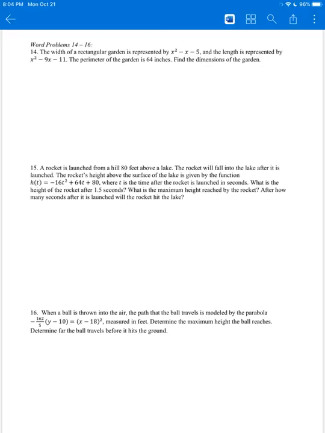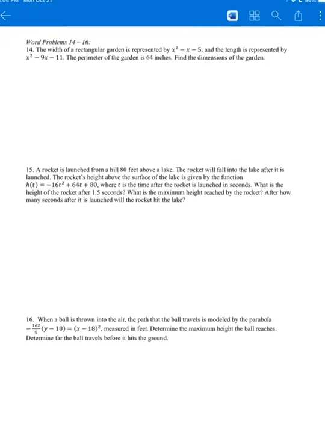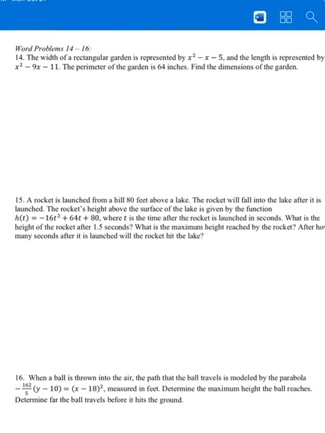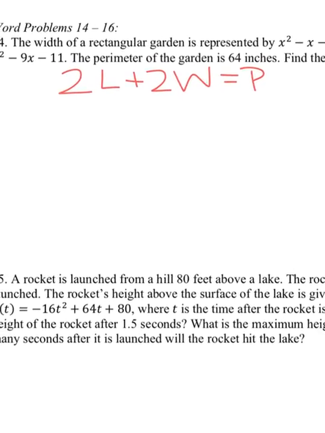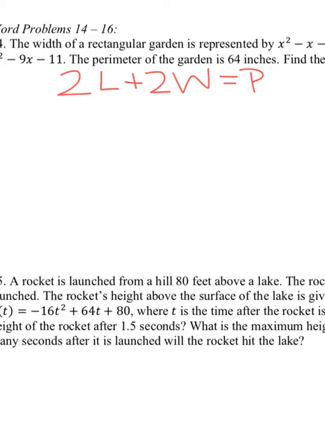And now we just have these word problems. So number 14, the width of a rectangular prism is that, and the length is that. The perimeter is 64. Find the dimensions. So the way that we find perimeter, right, it would be 2 times the length plus 2 times the width, and that's equal to the perimeter. So if I plug in, I'm going to zoom in a little bit, so look at your question if you need.